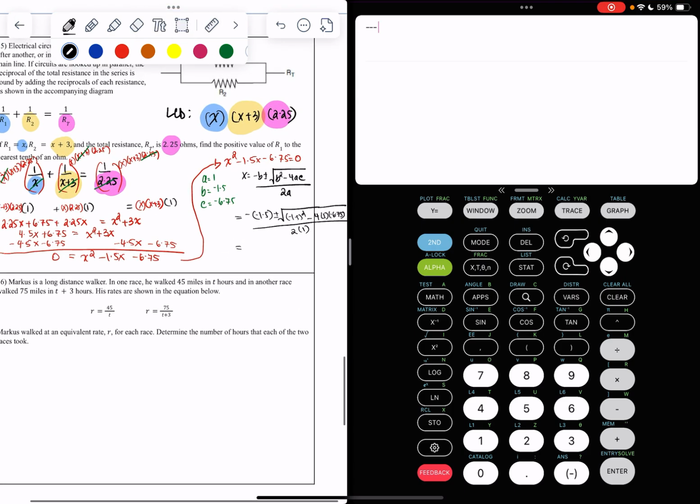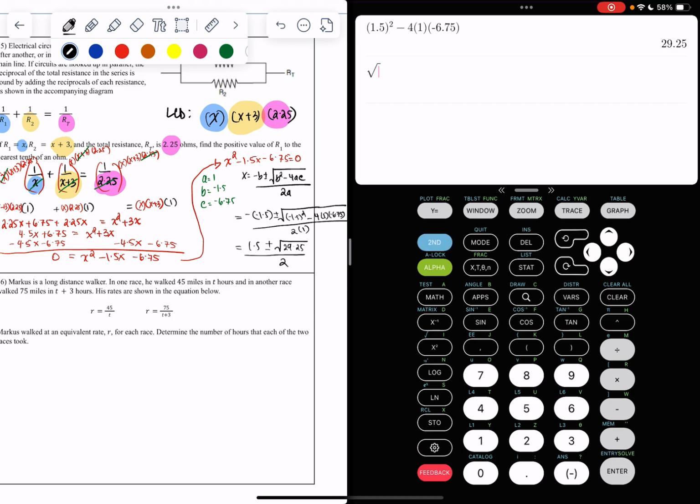So let's see, I'm going to take care of the stuff that's inside the radical, which is negative 1.5, close parentheses, squared, then we have minus 4 times 1 times negative 6.75, close parentheses, which ends up giving me a negative times negative is positive 1.5 plus or minus the square root of 29.25, divided by 2.